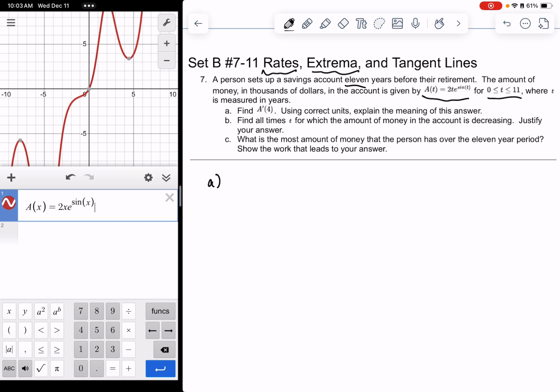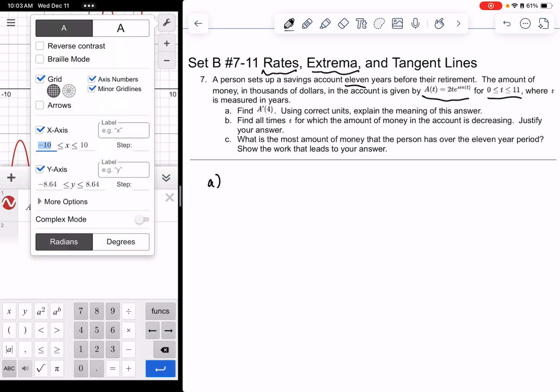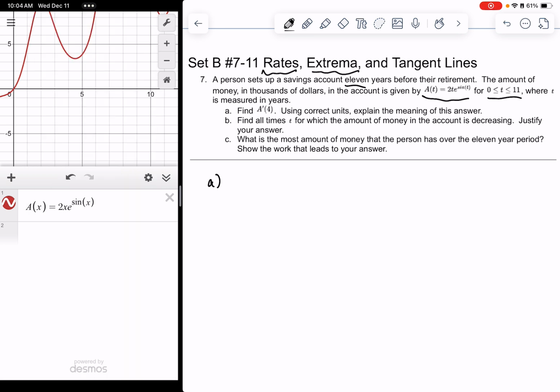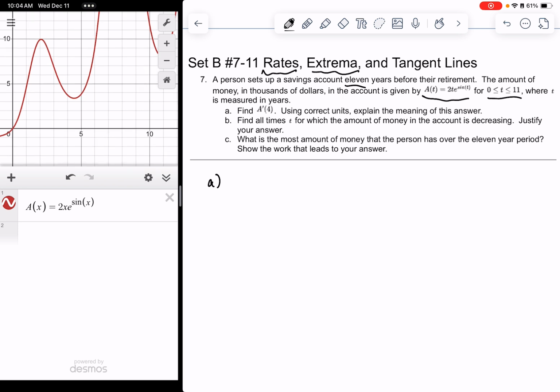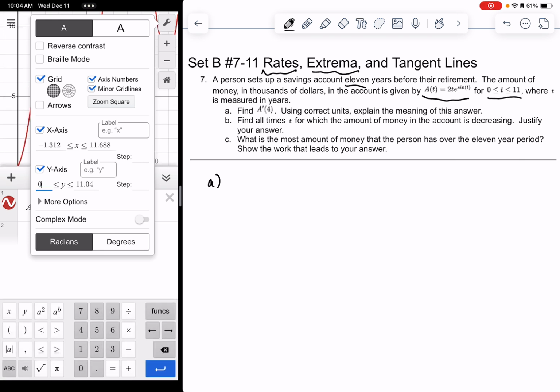And we want our window to go from about 0 to 11. So I'm going to change my window to say -1 to let's say 12, so it's about the same amount. But I do notice that it's a little bit higher, so let's make our y values go maybe from 0 to, I don't know, 20. Is that enough? Let's see.